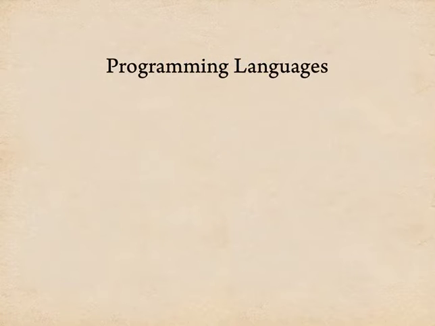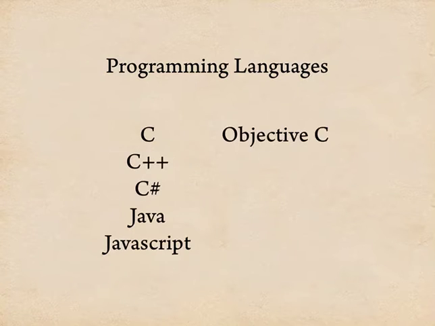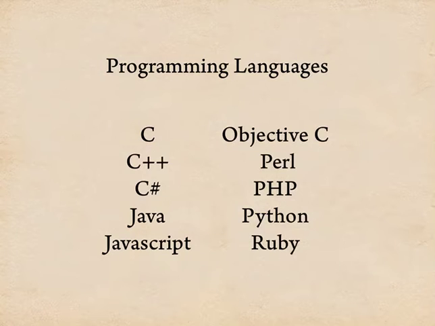Another way to go beyond this course is to consider using other programming languages. Here are just a few of the languages that are being used all over the world to power the web, run your routers, and run all the applications that you use on your computer.